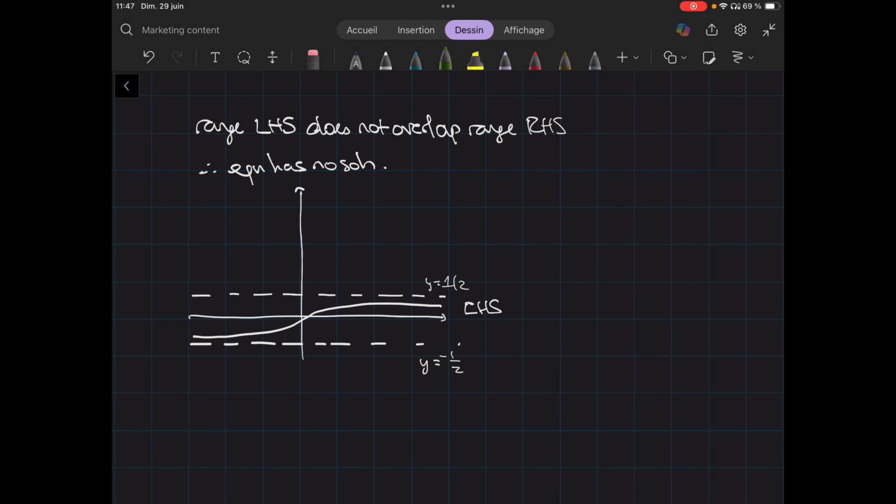Our function on the right-hand side looks somewhat like this. It takes the minimum value at 1 by 2. And as we can see, the two functions do not intersect. Because they do not intersect, the equation has no solution.